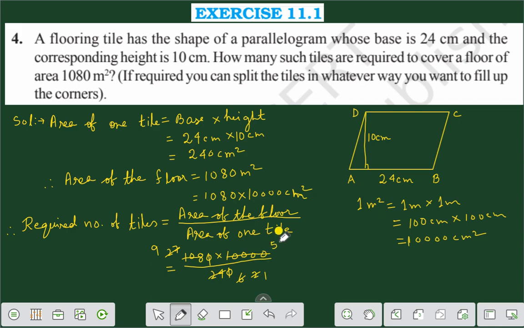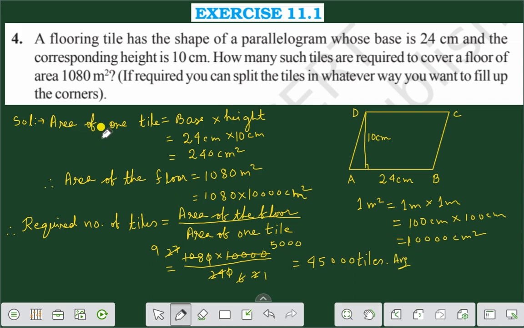That means we are getting 45 and 3 zeros. Therefore 45,000 tiles. The required number of tiles is 45,000. This is the answer.